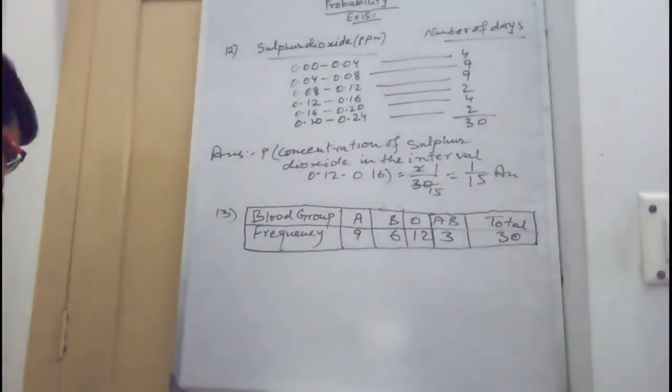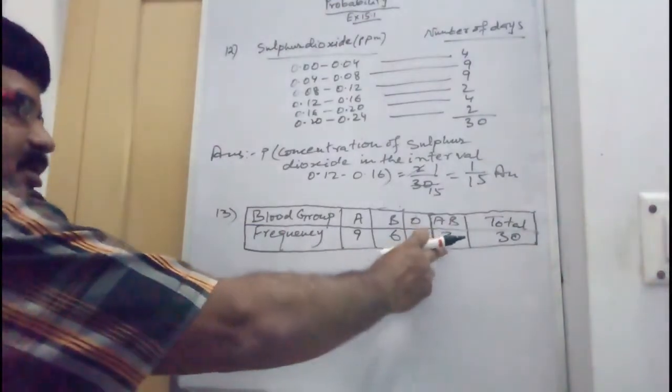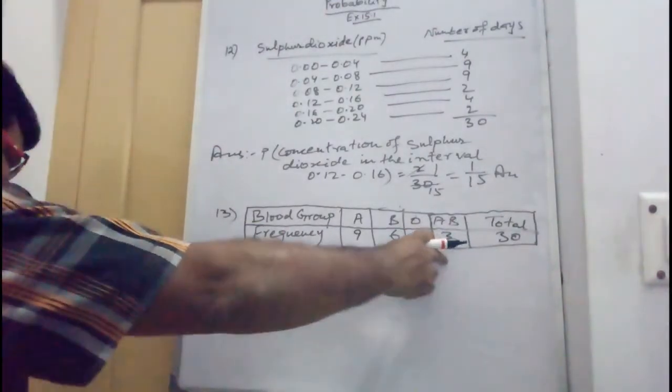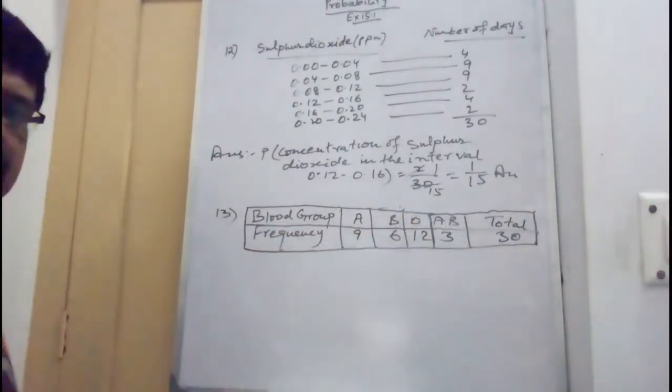Now in this question you have to find the probability of blood group AB.